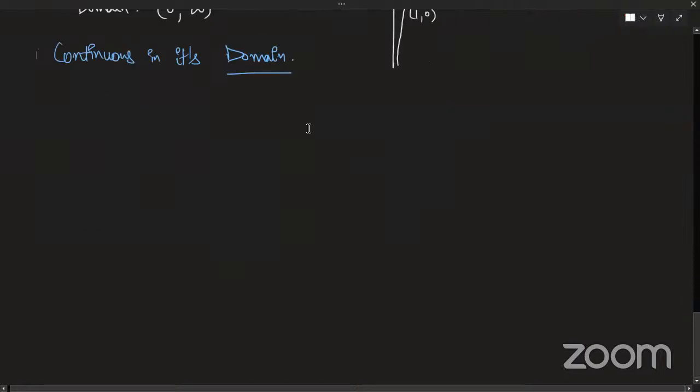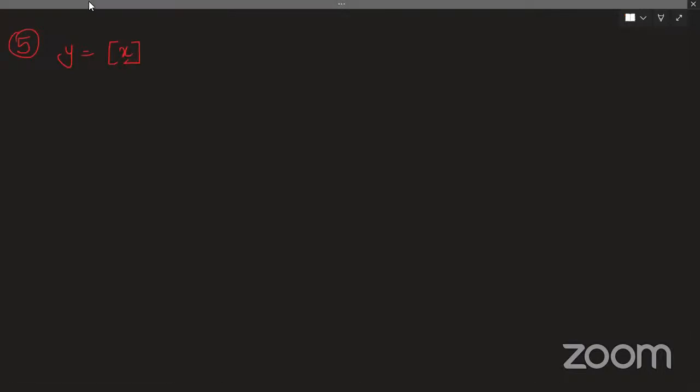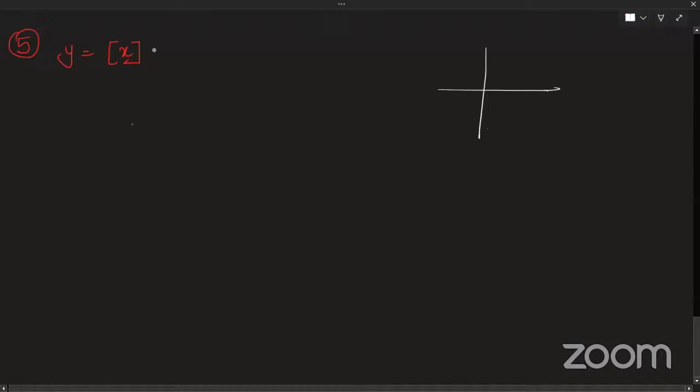Okay, great. So let us look at a few cases. Let us start first of all with the greatest integer function. Can you tell me what is the plot of the greatest integer function? What did we call it?